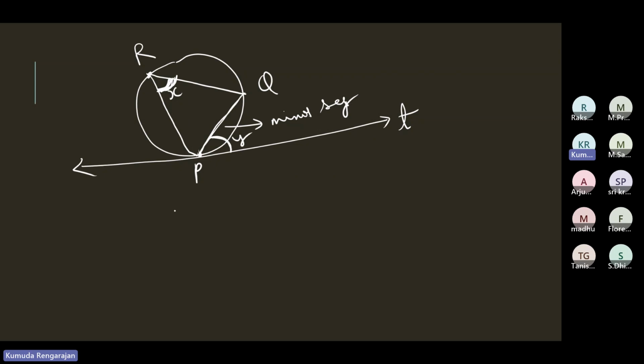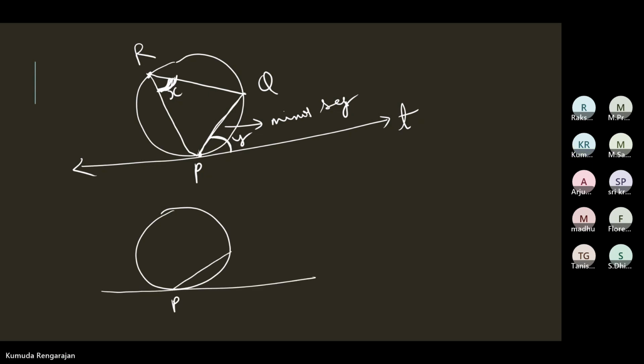Let's take the other case, where the angle between the chord and the tangent is in the major segment. This is the chord. This is a tangent. And this is the angle between the chord and the tangent in the major segment. Then the chord must subtend an angle in the minor segment.